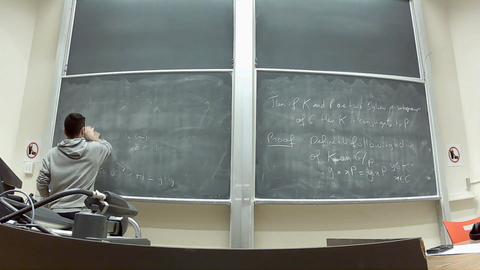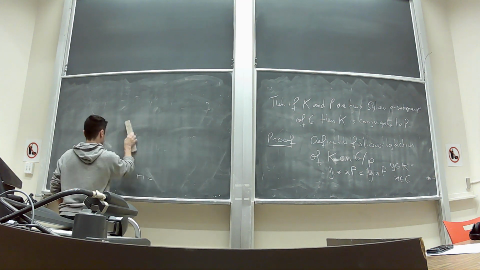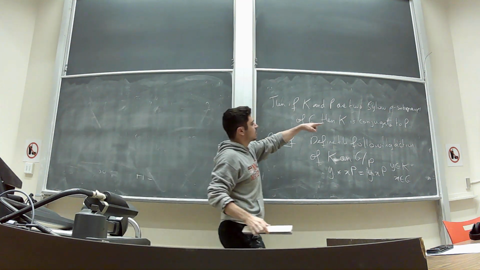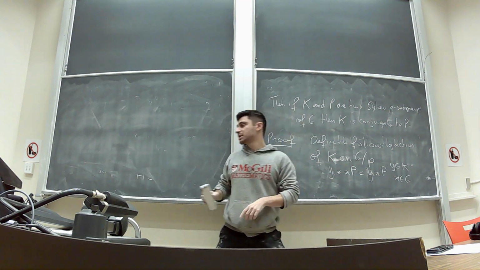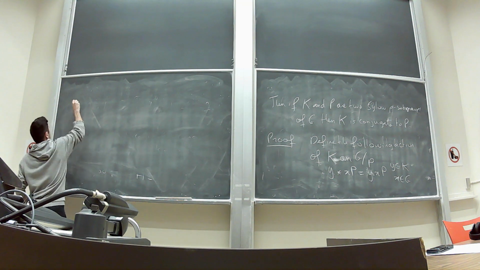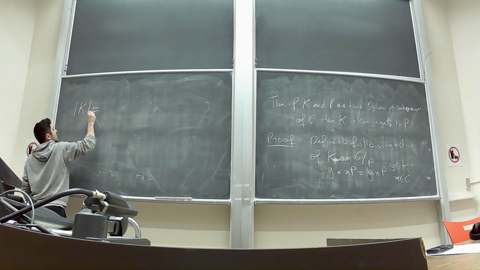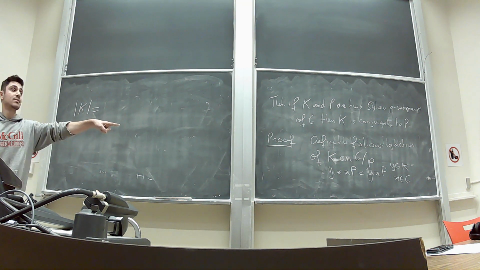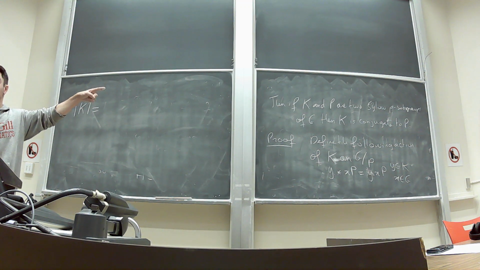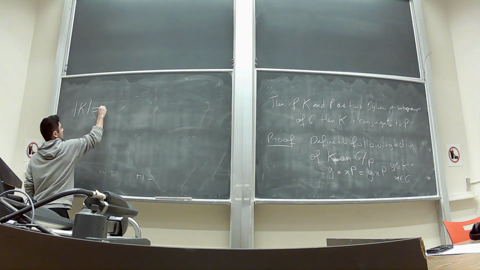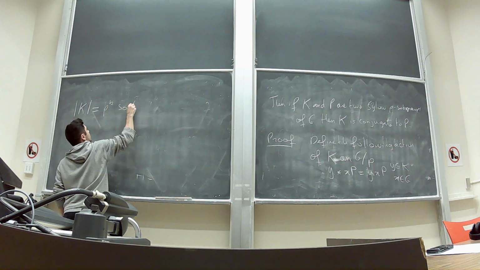Now what is the size of K? K is a Sylow P subgroup. So what is the size of big K? P to the k. So K is a P group.